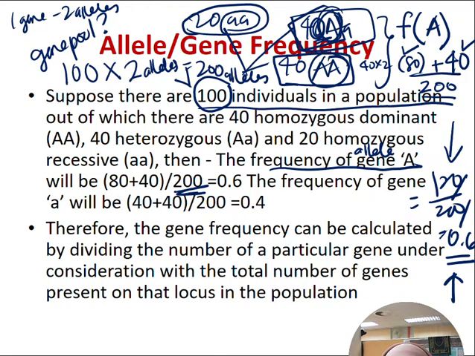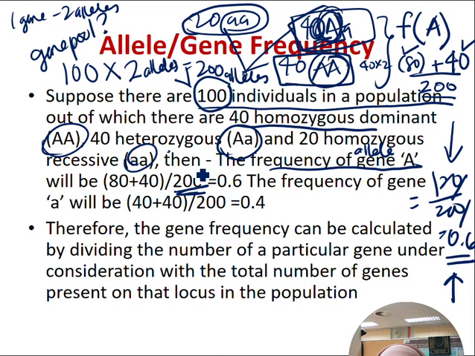So this is how you calculate an allele frequency if the question gives you all this information: how many homozygous dominant, heterozygous, and homozygous recessive people. If it gives you all the information, it's very easy.